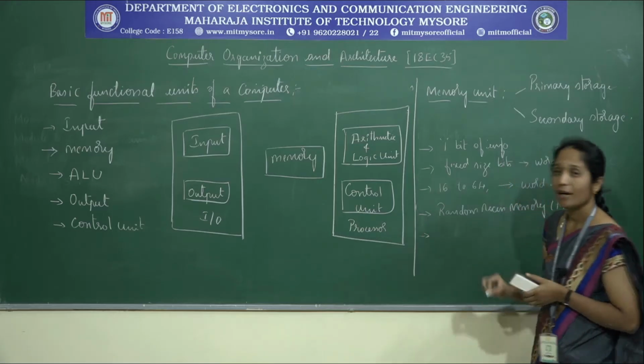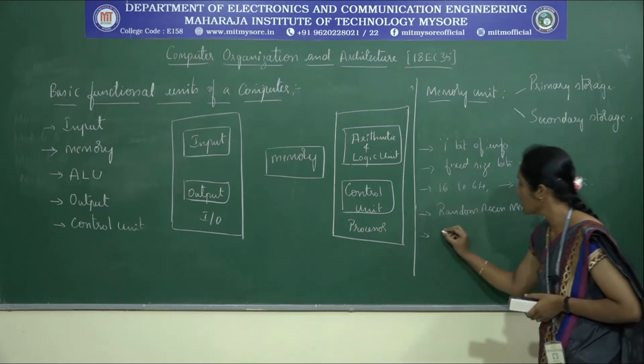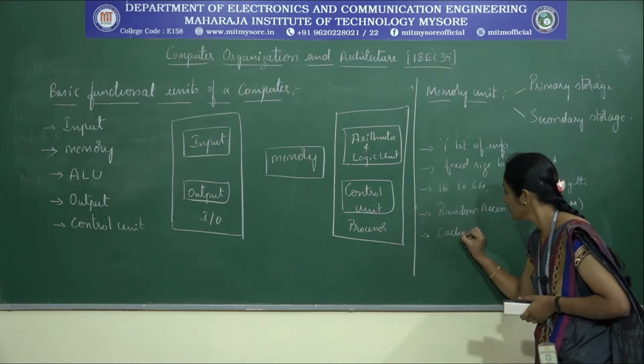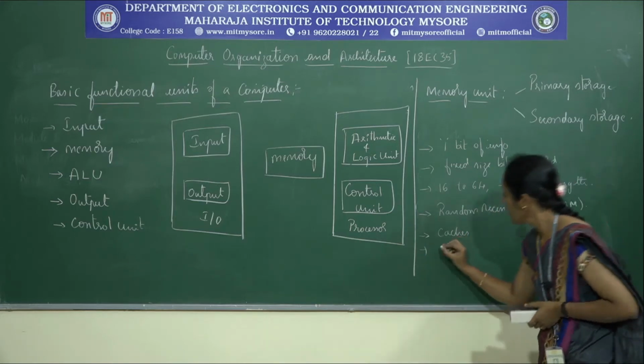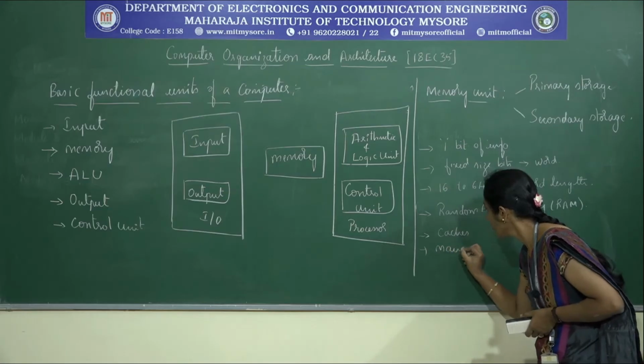The fast and small RAM is called caches, and the large and slow RAM is called main memory.